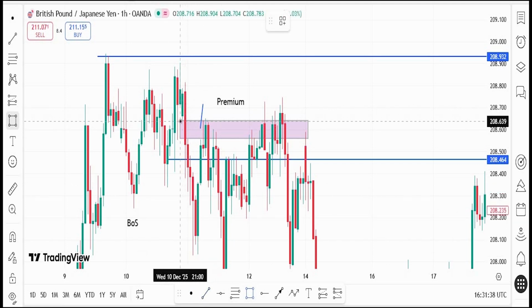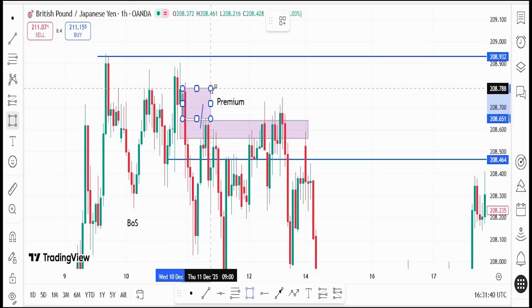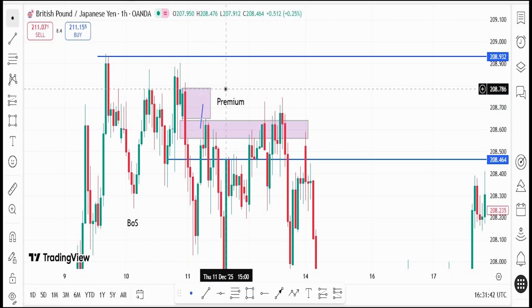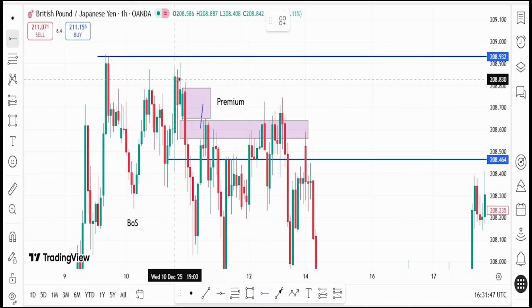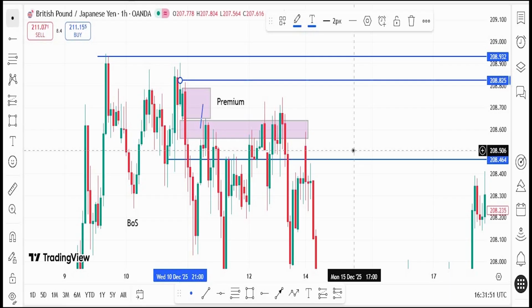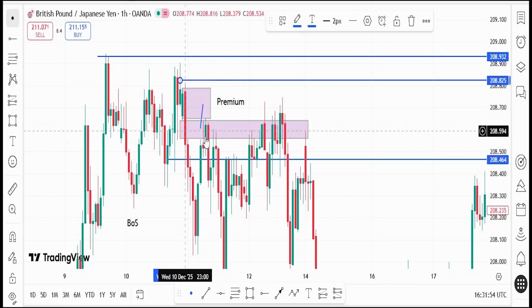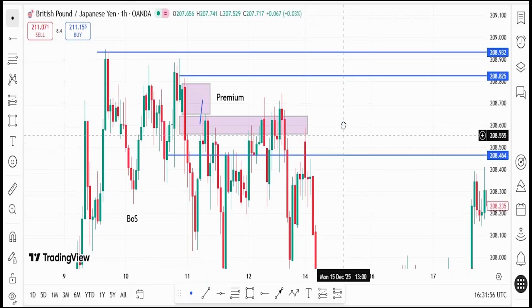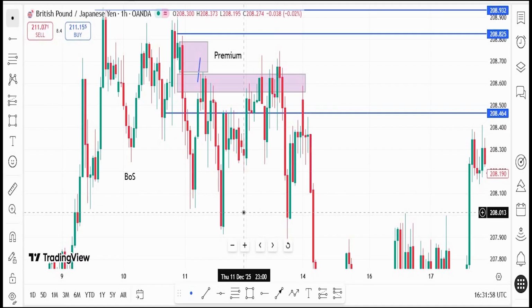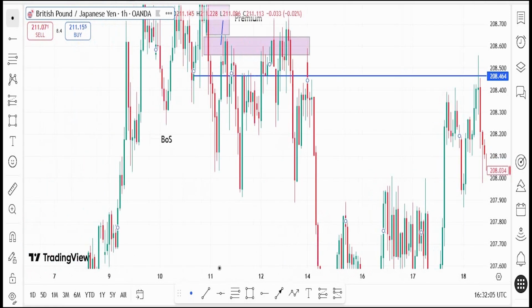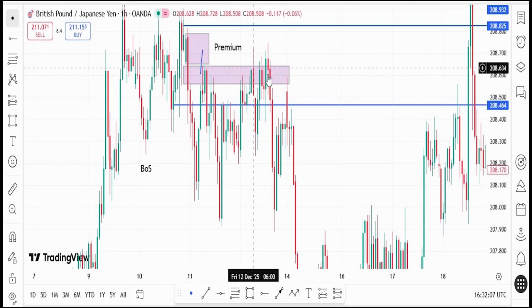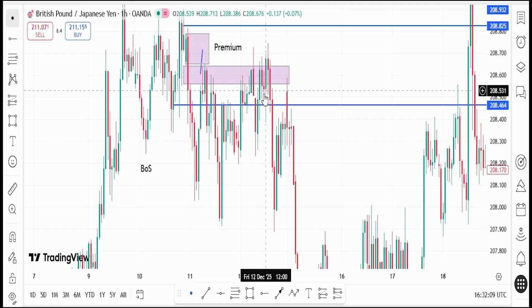This was an order block just above the fair value gap. So let's say if we had placed our stop loss above the order block, and if we had taken the entry on this fair value gap, the market would have worked exactly in our favor and it would have given us a good risk to reward ratio. And how it fell down from that point, you could see it by yourself.